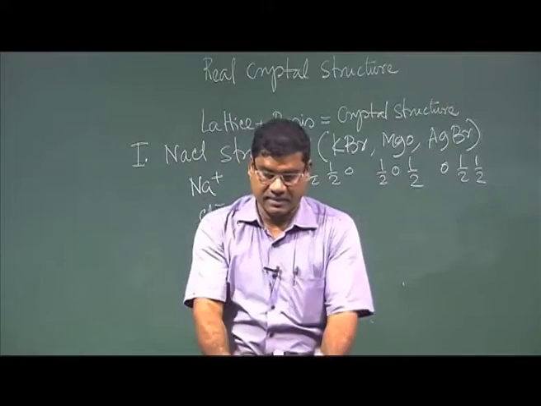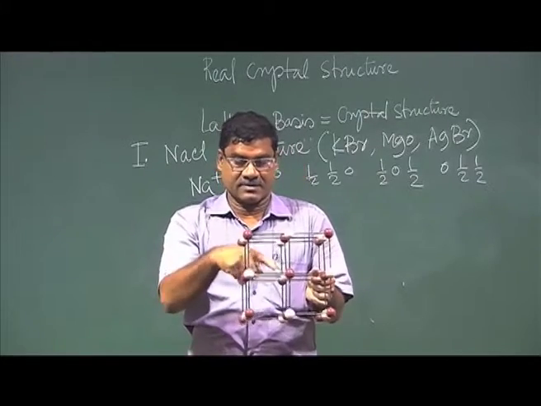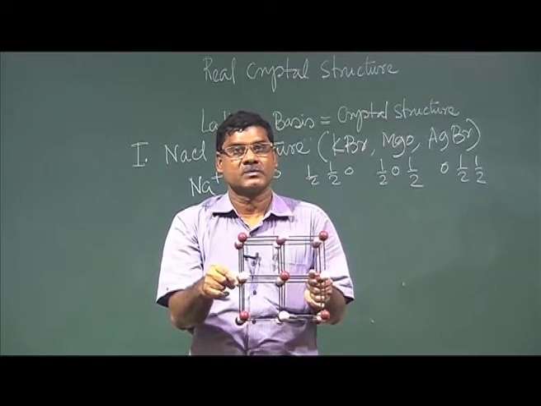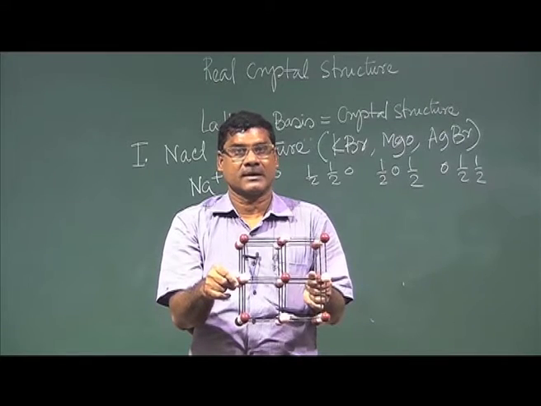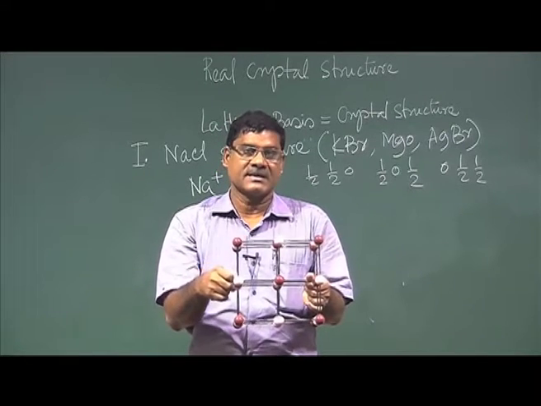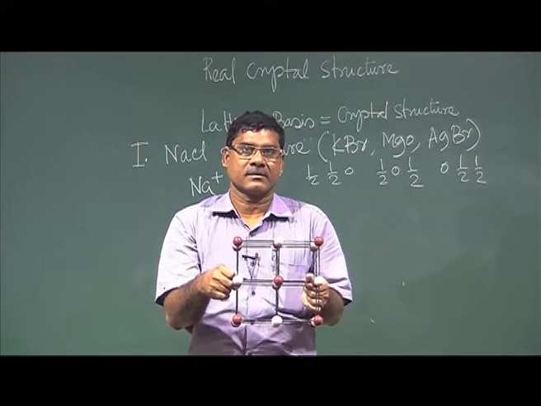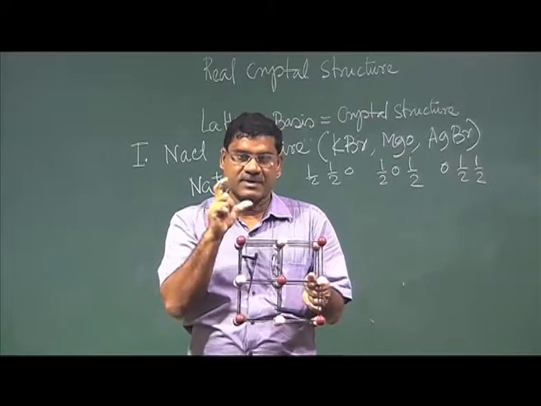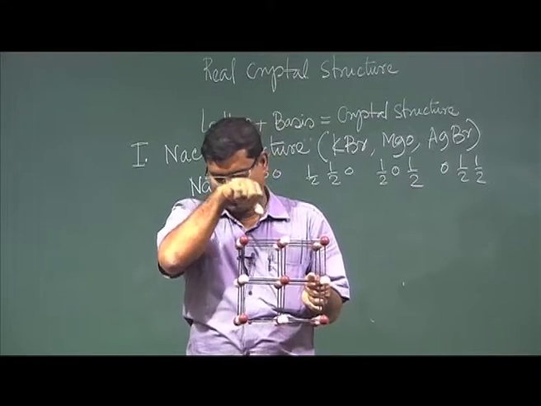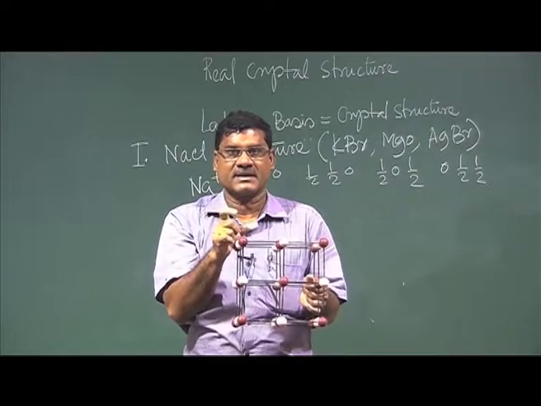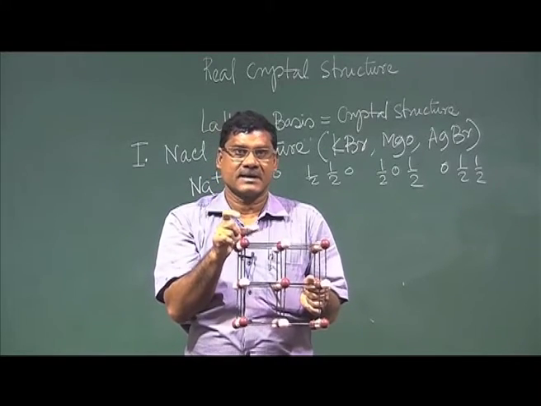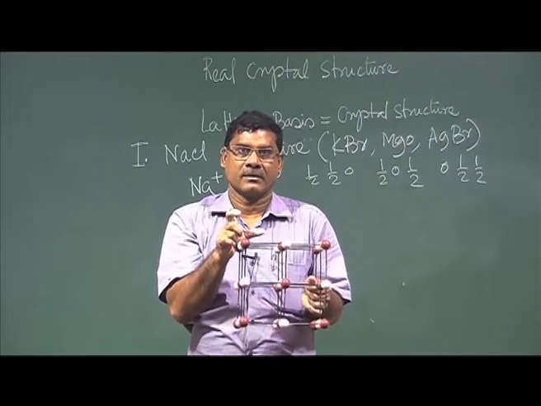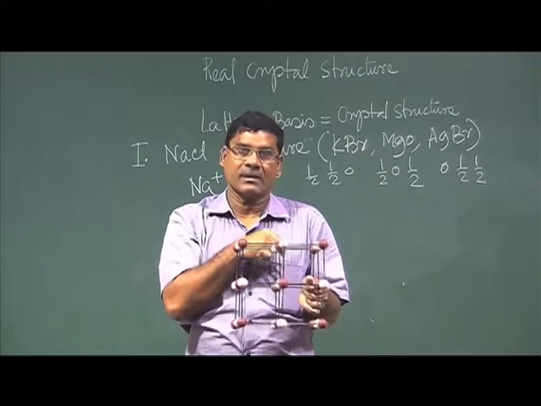The interesting thing here is the basis. Whether I take the basis on this one or the other one, the basis is just the distance between the sodium and chlorine, which is basically half of the body diagonal.